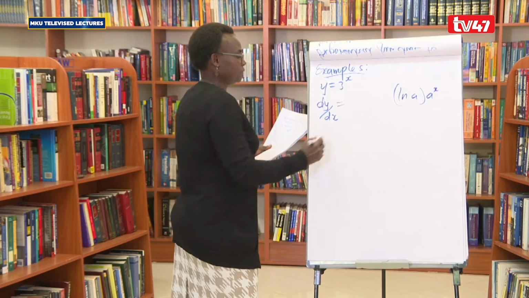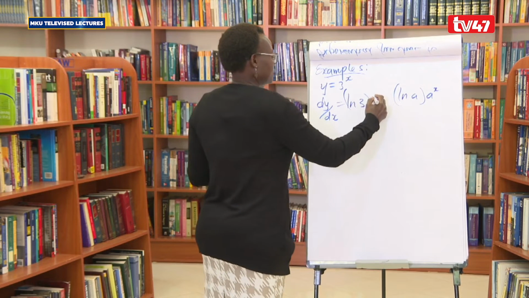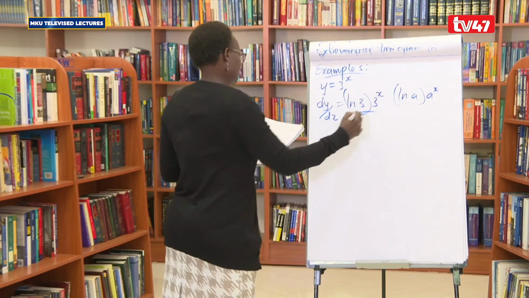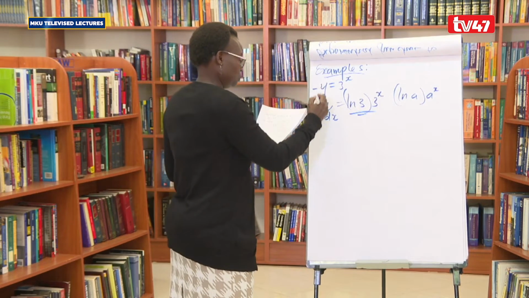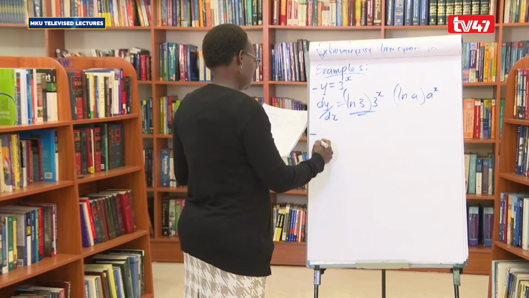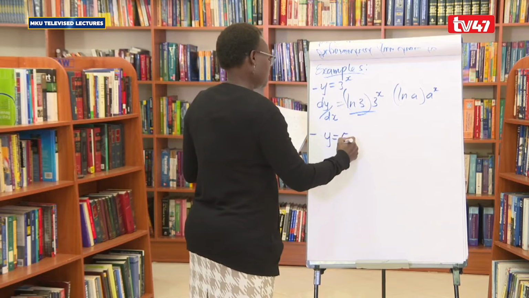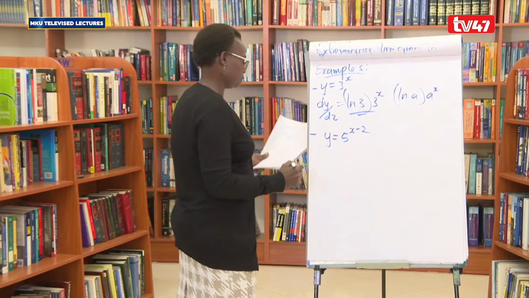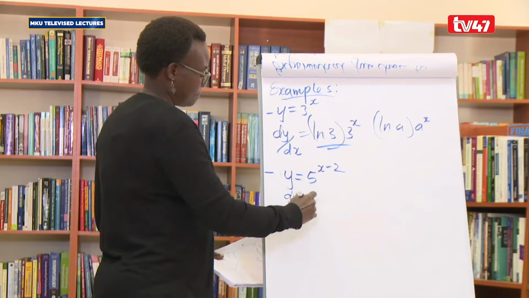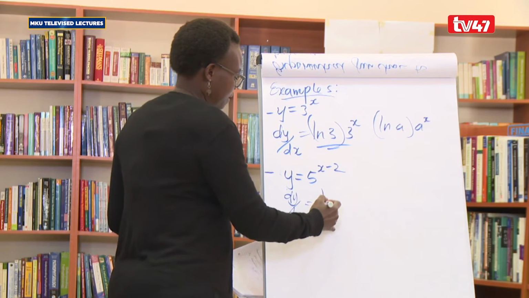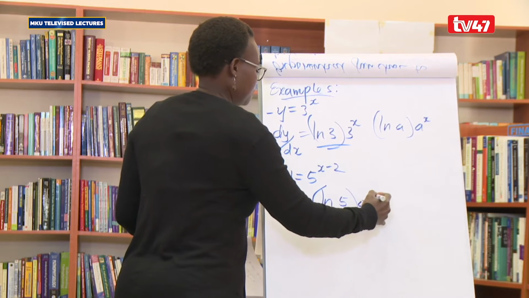So ln a, that would give us ln 3, and then as our solution or derivative. The second one is y equals 5 raised to power x minus 2. So we use the same again. So this will give us ln 5, and then 5 to the x minus 2.